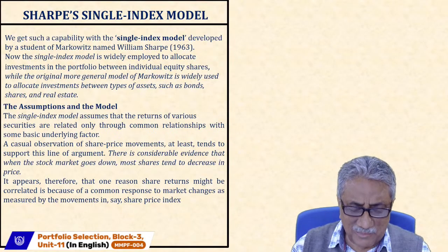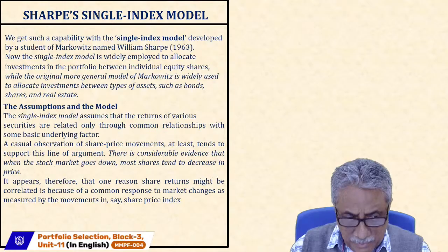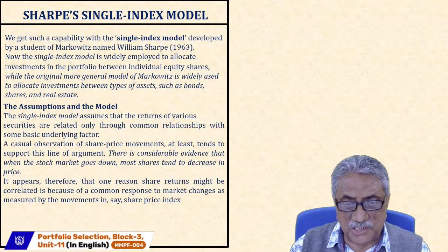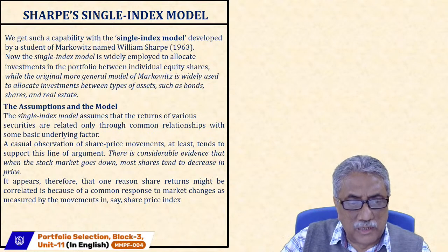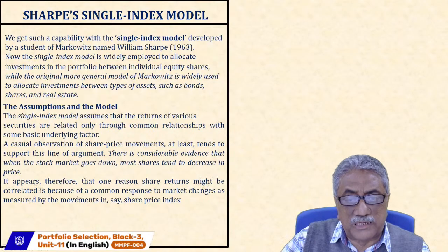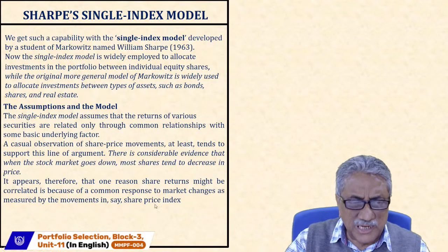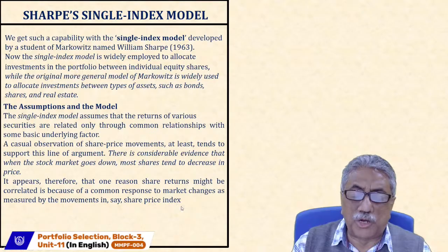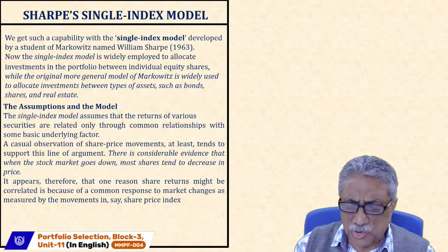Now I come to the line. So it appears, therefore, that one reason share returns might be correlated is because of common response to market changes as measured by the movement in a share price index. So say Nifty. Nifty has gone up. You will find some shares have gone up, some shares are not so.